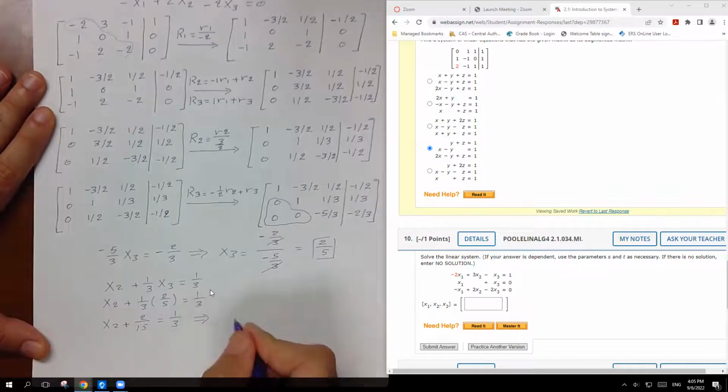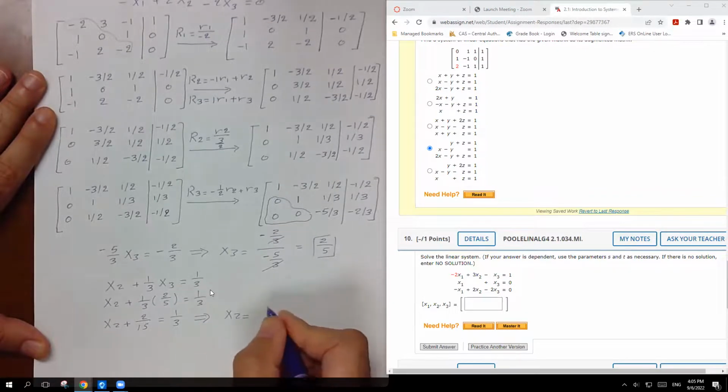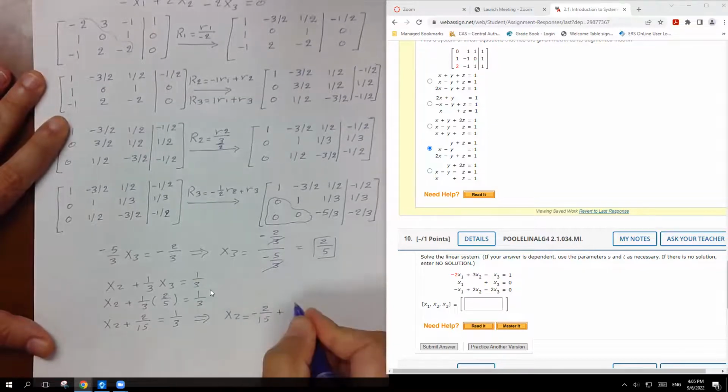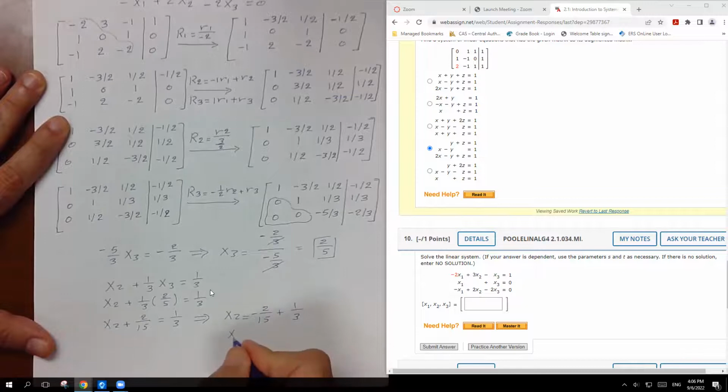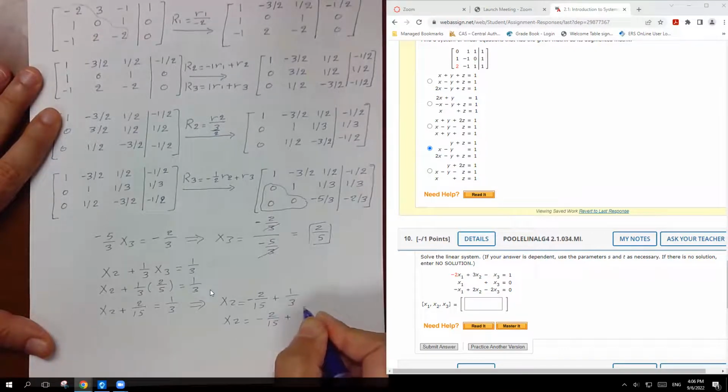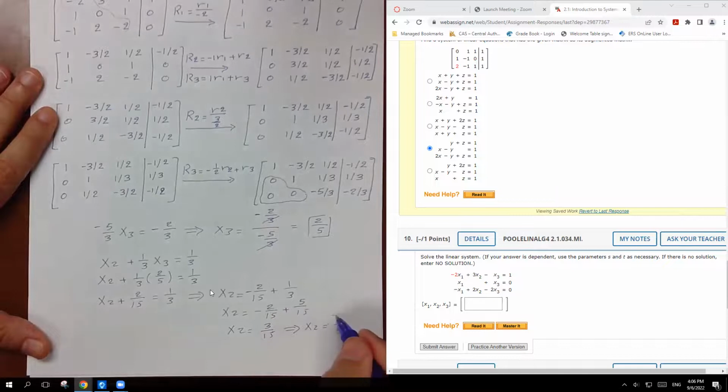Now that means x2 is going to be negative 2 over 15 plus 1 over 3, which is equal negative 2 over 15 plus 5 over 15. And then x2 is going to be equal 3 over 15. And that means x2 is going to be equal 1 over 5. So here is x2, 1 over 5.